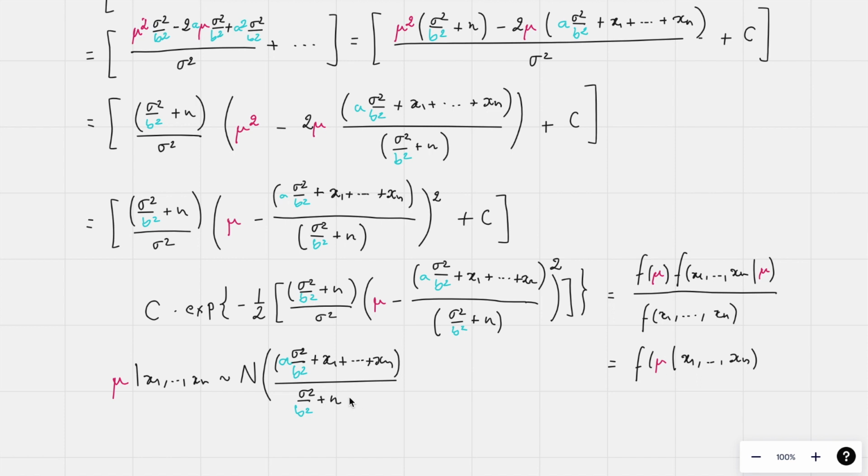So that is the expected value, and the variance is given here, but of course this is usually divided by sigma squared, so now we have to invert it again. So that is sigma squared divided by (sigma squared over b squared plus n).